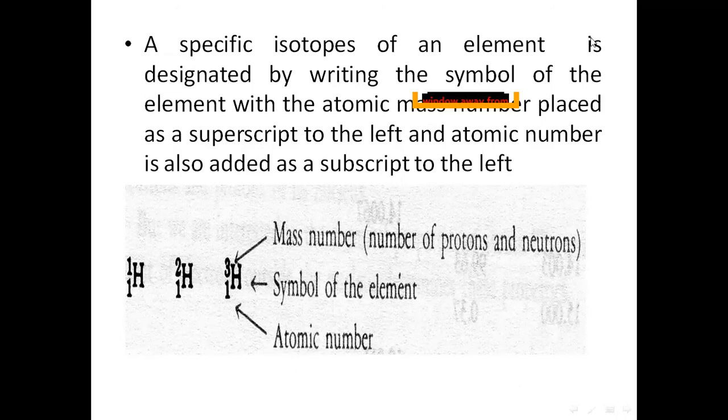Specific isotopes of an element are designated by writing the symbol of the element with the mass number as a superscript, and the atomic number as a subscript to the left.